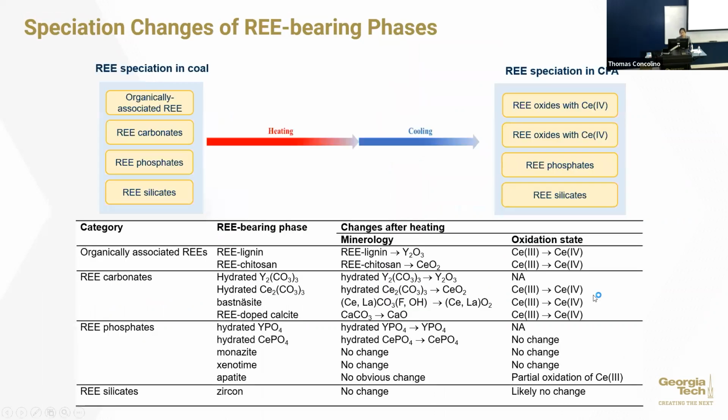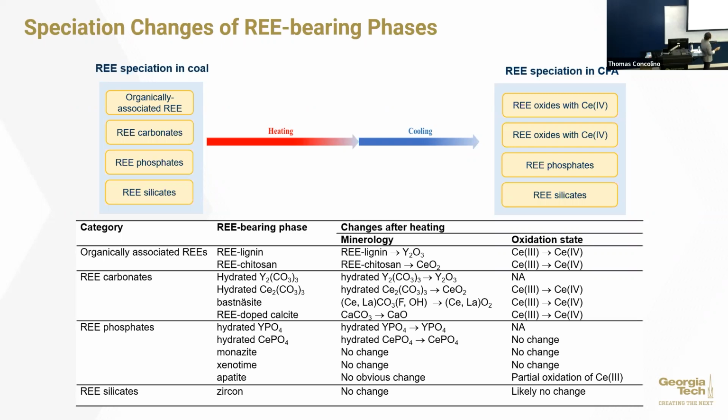And by combining all this information, what we found is that the REE speciation in coal, or these 4 groups of REE phases that are typically occurring in coal, after heating and cooling processes: organically associated REE, so REE organic complexes, they become REE oxides with oxidation, so cerium being oxidized to cerium-4.